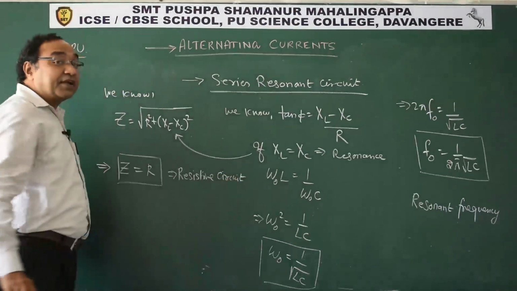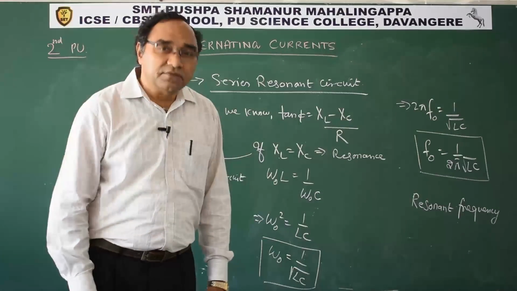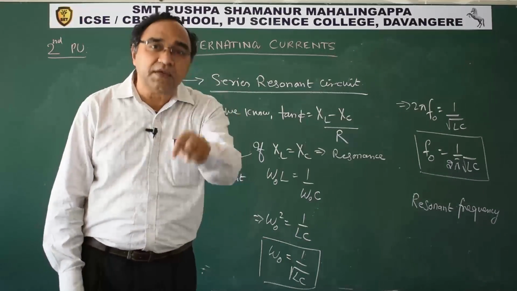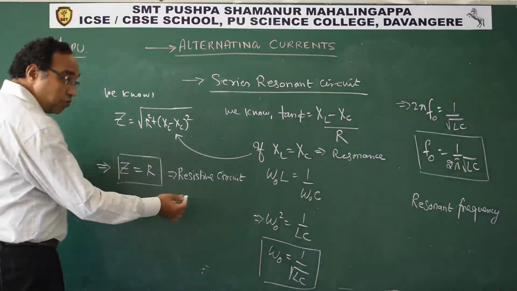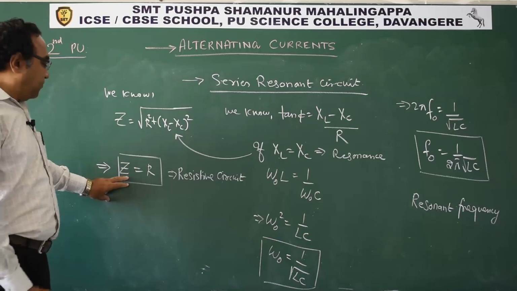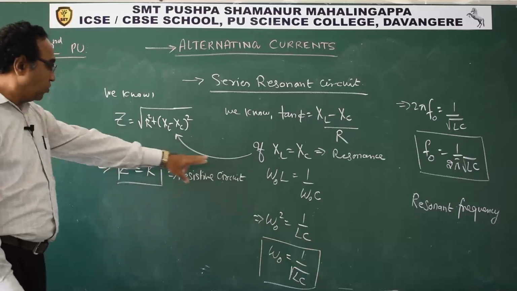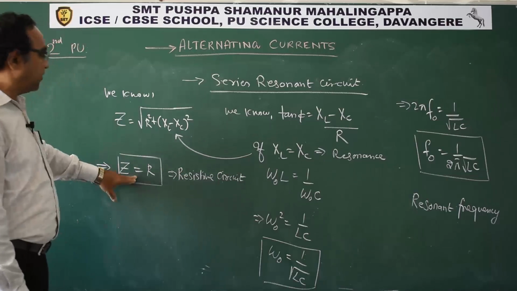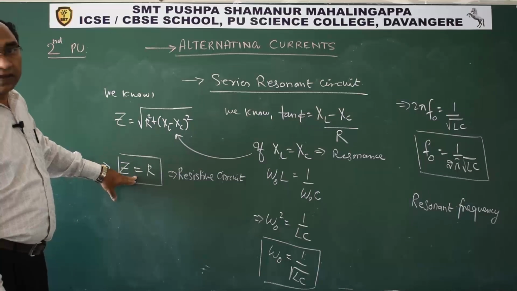Now in resistive circuit, what is the phase difference? 0. Phi will be here 0. How? See here. Z, what will be the value? XL is equal to XC. If XL is equal to XC, we get Z is R. Correct?